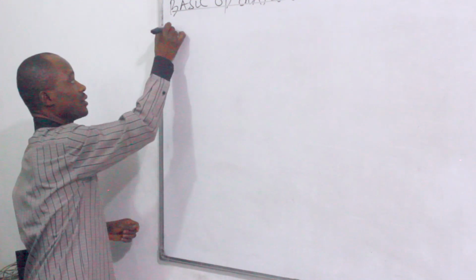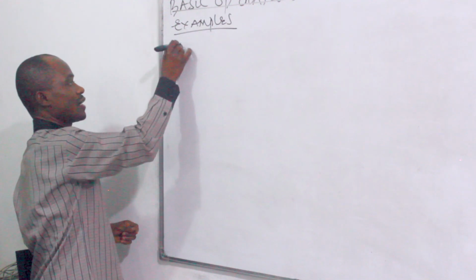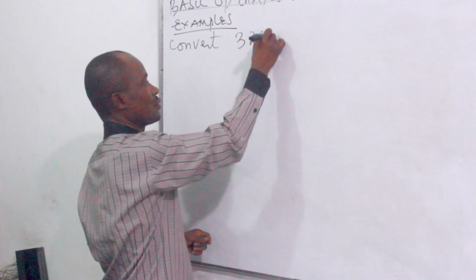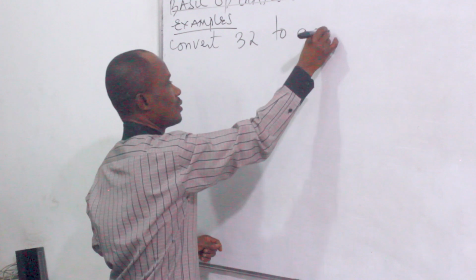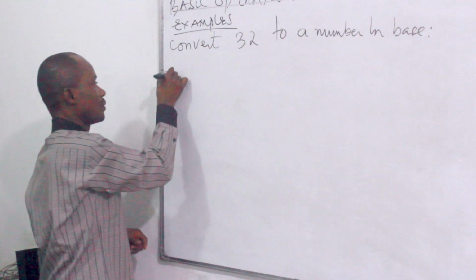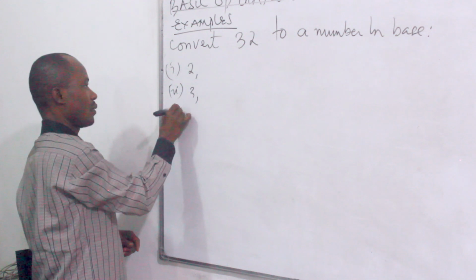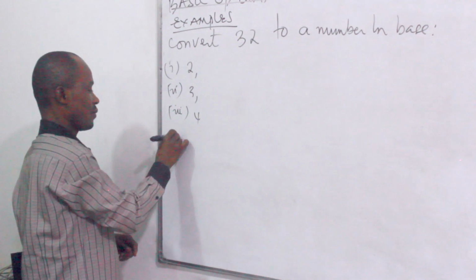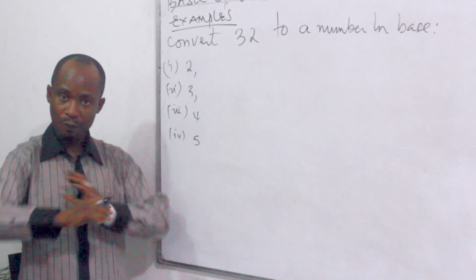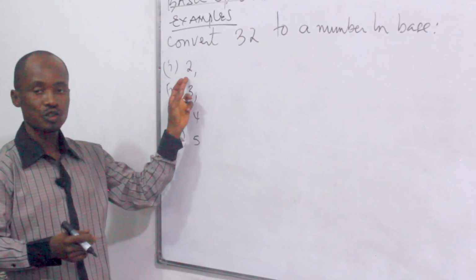For example, convert 32 to a number in base 2, 3, 4, or 5. We have 32 in base 10, the natural base. We are expected to convert this number from base 10, first question, to base 2.